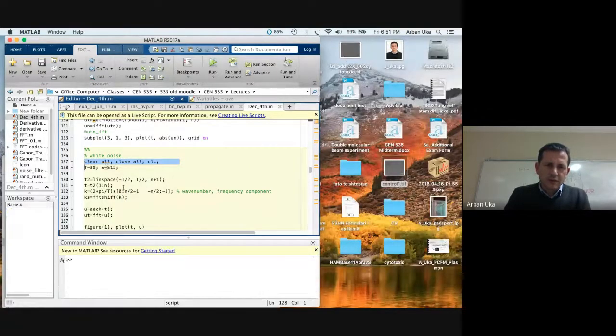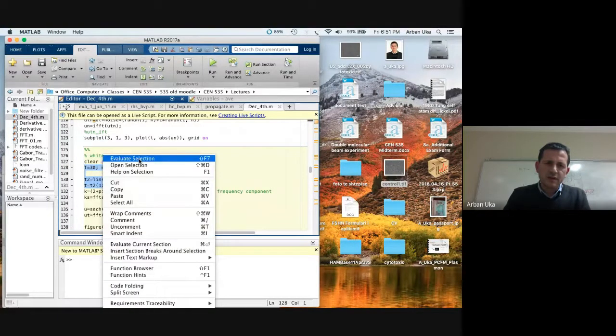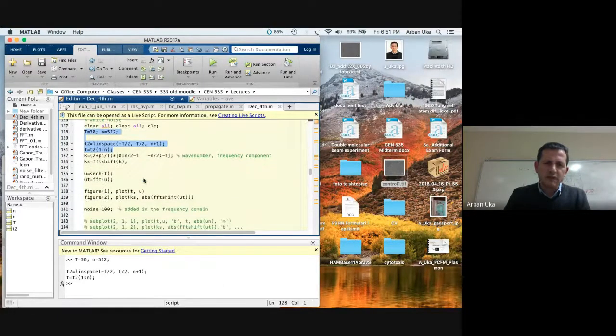Again, the same task: we define the x-axis, the real domain. We define it well. Apparently we have 512 data points again. And then we also have to define the wave number or the frequency component. For some students that come from electronics engineering, you might have seen this wave number, which is equal to 2 pi over lambda, which has units of inverse meters or inverse seconds, which would be hertz.